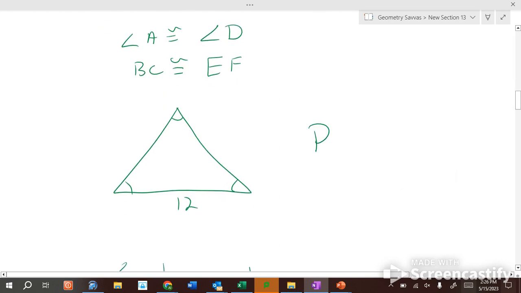What is the perimeter of this figure? Why is it 36? All the angles are congruent, which makes all the sides congruent. If all the sides are congruent, they're each 12, and there's 3 sides. It is 36.